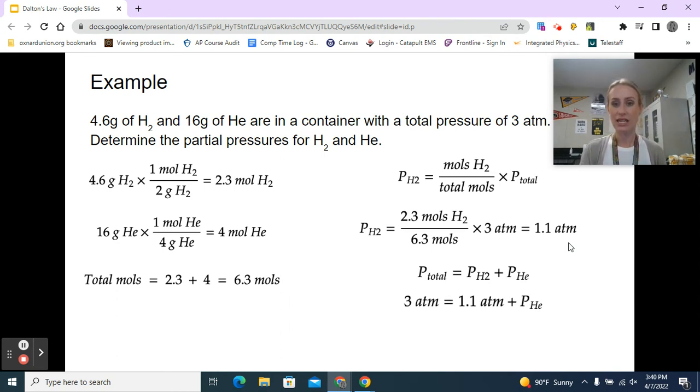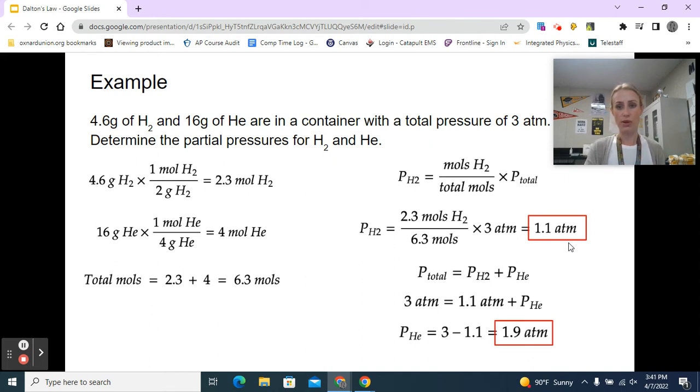So plugging those in, now all I have to do is subtract 1.1 from 3 in order to get my partial pressure of helium, which is 1.9 atmospheres. So that's our answers. We have the partial pressure of hydrogen is 1.1 and the partial pressure of helium is 1.9. So that is our example for Dalton's law.